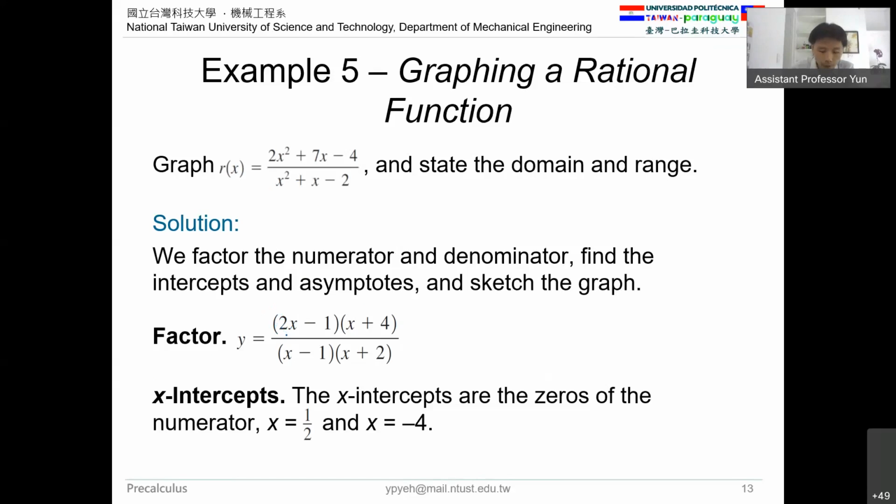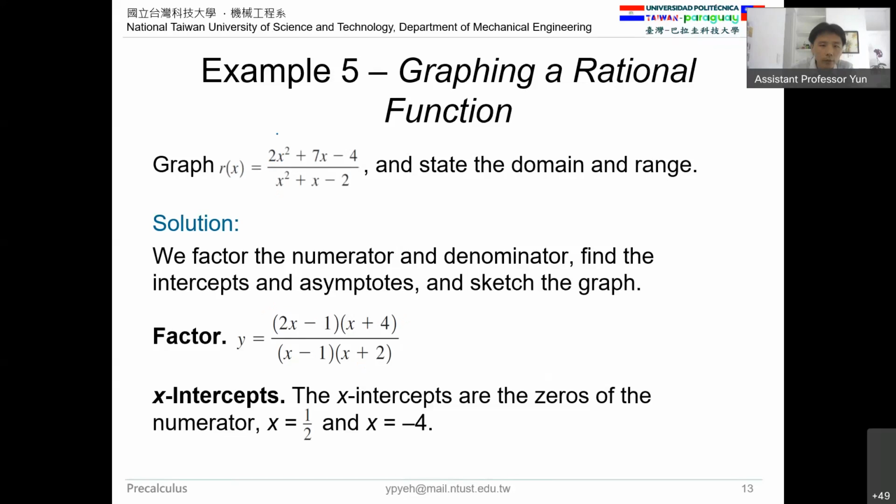The rational function could be factored into this form, which equals 2x minus 1 times x plus 4 in the numerator, and x minus 1 times x plus 2 in the denominator.